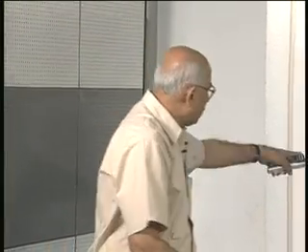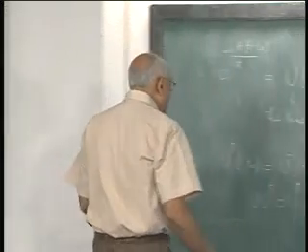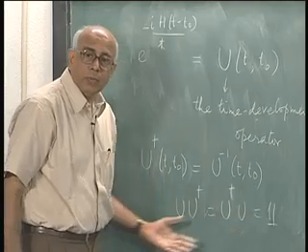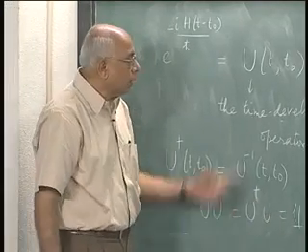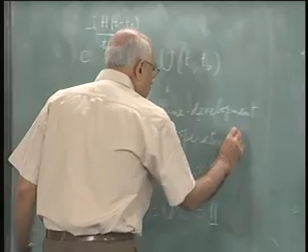I have just left out the time arguments for convenience. But what do you call a matrix which has these properties? Unitary. So the time development operator is unitary.